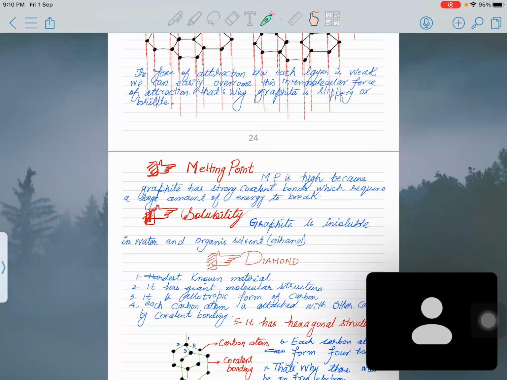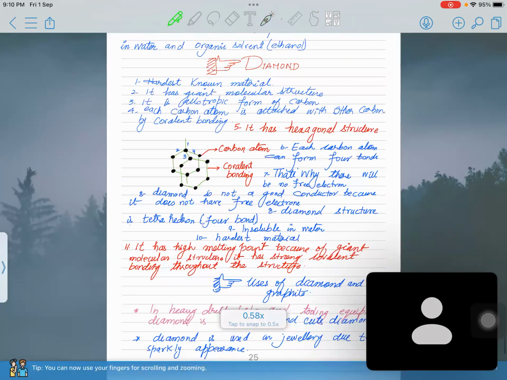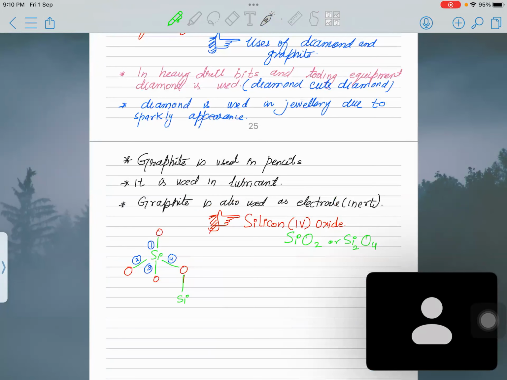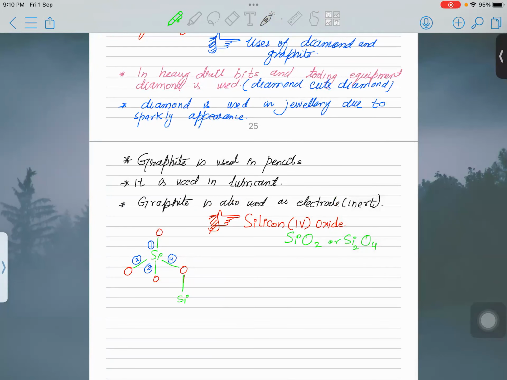Diamond and graphite both sublime. But why? Whenever you provide heat, they convert directly into gas without being converted into liquid.